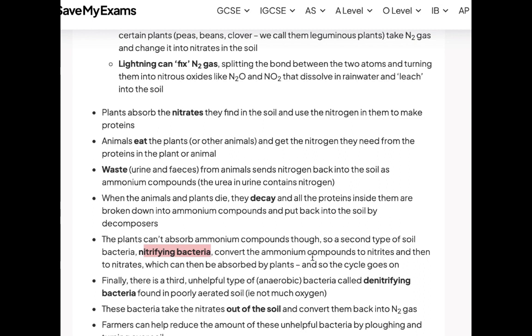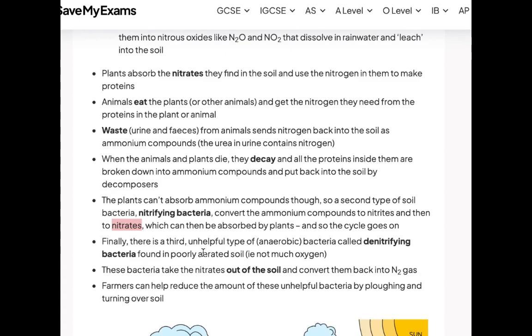First, it converts the ammonia compound into nitrites, and then from nitrite to nitrate. Now, it is the nitrate that the plants will use again for further photosynthesis and further making of protein, which can be absorbed by the plant, okay? So the cycle goes on.